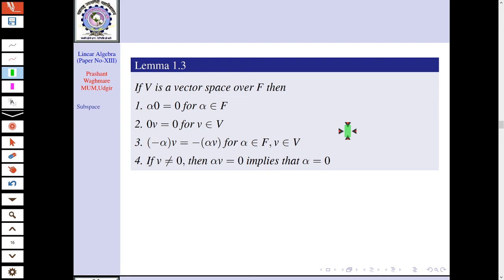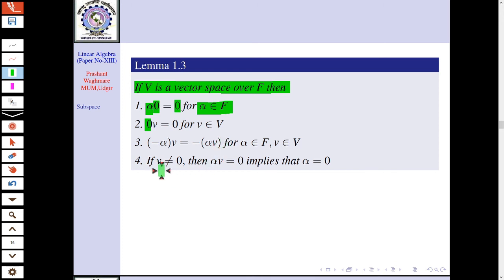So this is a basic lemma in vector spaces. It's a very simple lemma. Let's see. If V is a vector space over F, then alpha into 0 is the same as 0 for alpha in F, as well as 0 into a vector is the same as 0, and minus alpha into v is the same as minus times alpha into v.